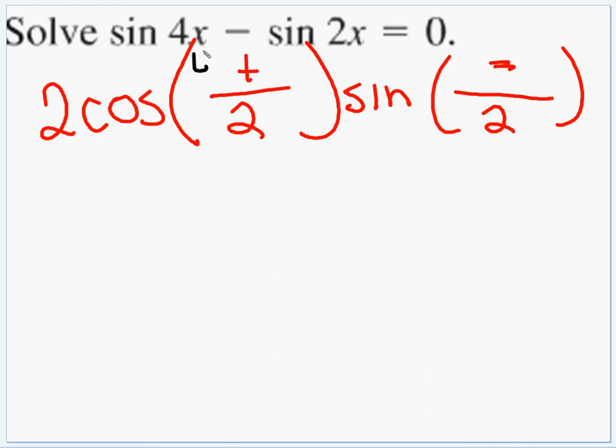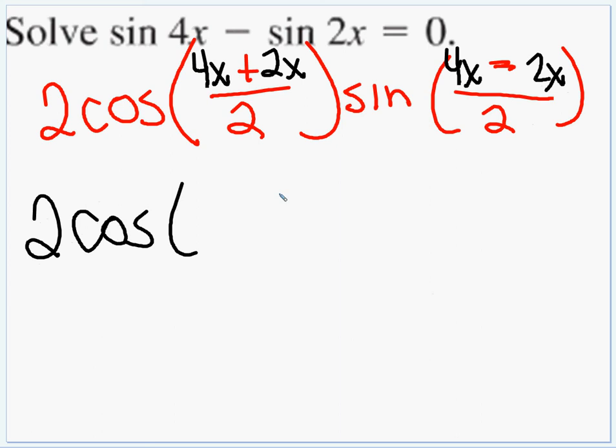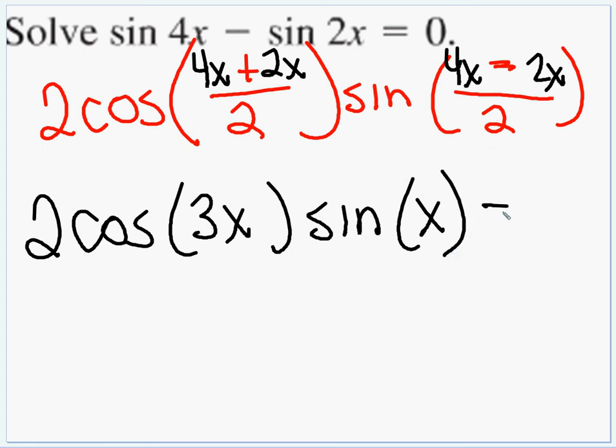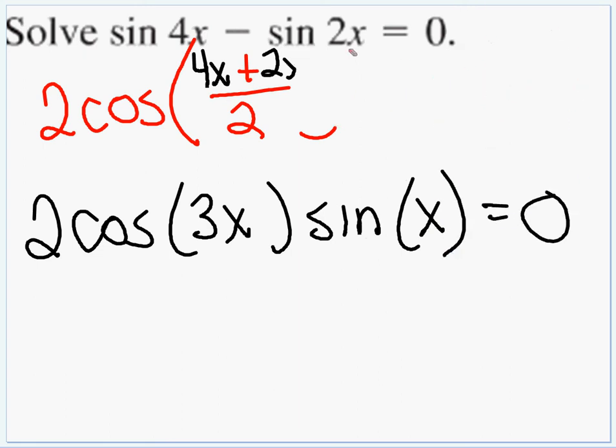And we populate in our angles 4x and 2x. So this becomes 2 cos of, add those up, you get 6x over 2, which is 3x. And then here you'll have a sine of, when you subtract, you get 2x over 2. The 2's cancel, so it's just sine x.